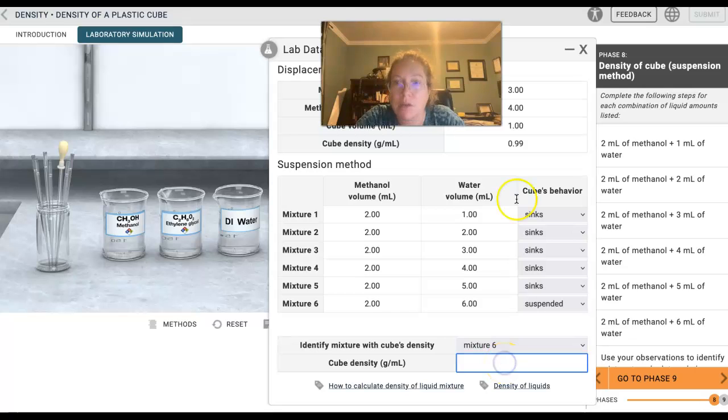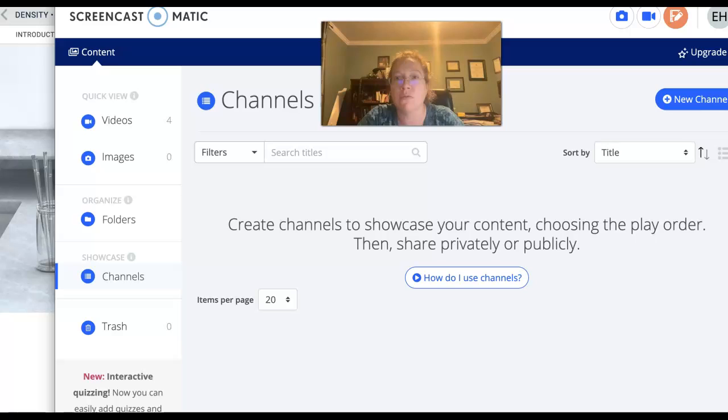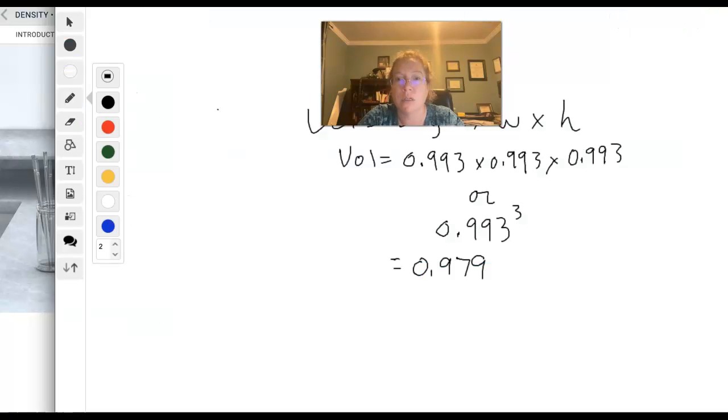Now we need to calculate the cube density. So remember this, since it's mixture 6, that's composed of 6 milliliters of water and 2 milliliters of methanol. So let's clear this.